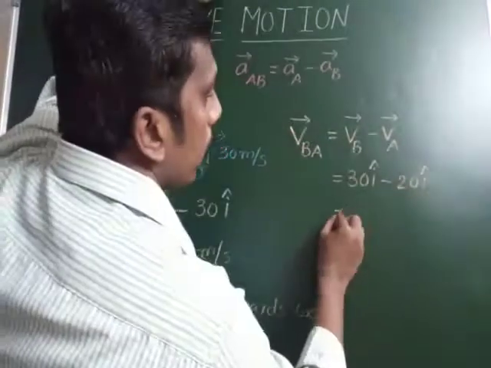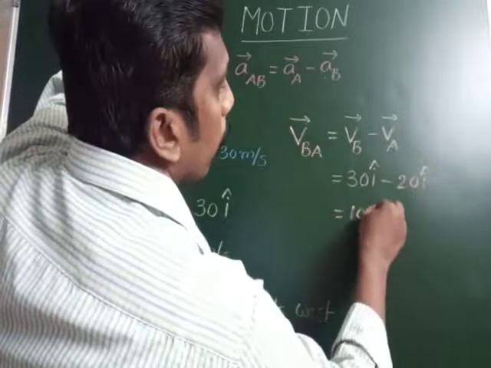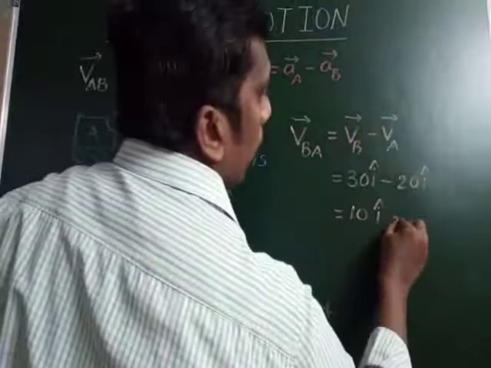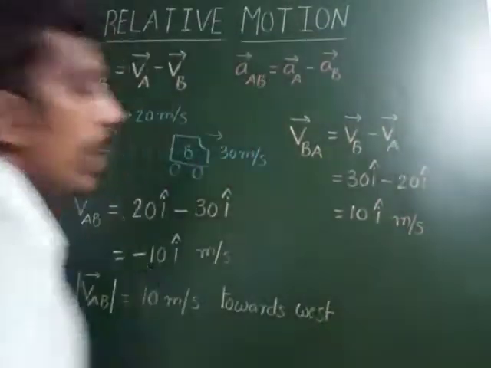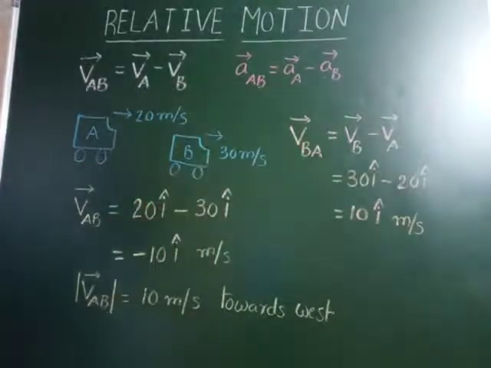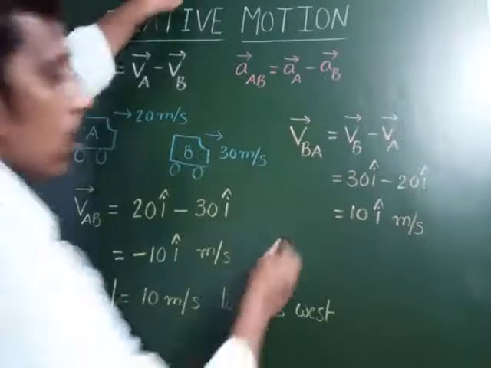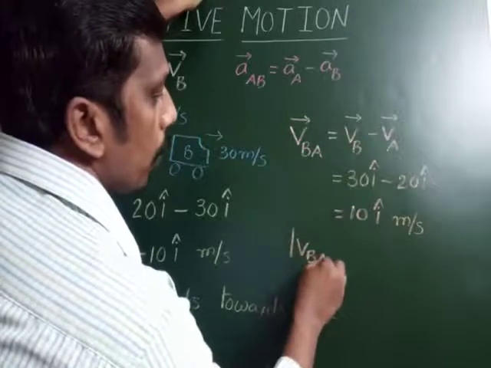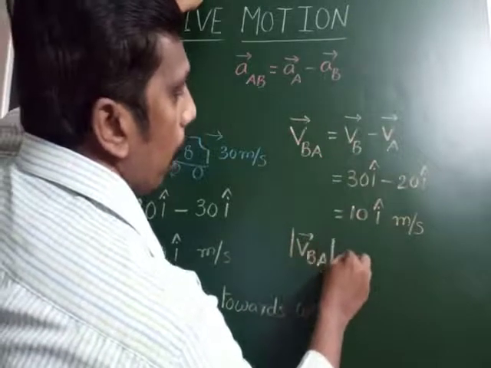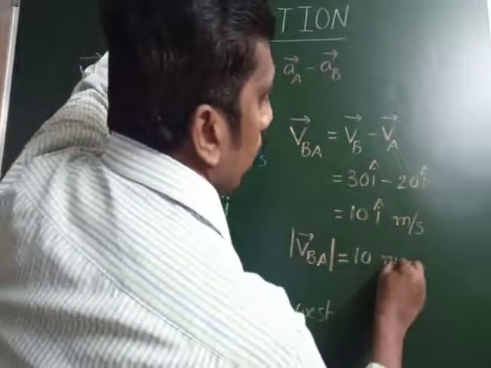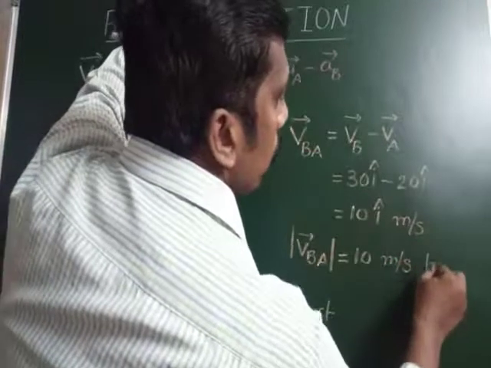Then the resultant velocity is equal to 10 i cap meter per second. That means car B is moving towards east with a speed of 10 meter per second with respect to car A. The magnitudes are the same, 10 meter per second, and the direction is towards east.